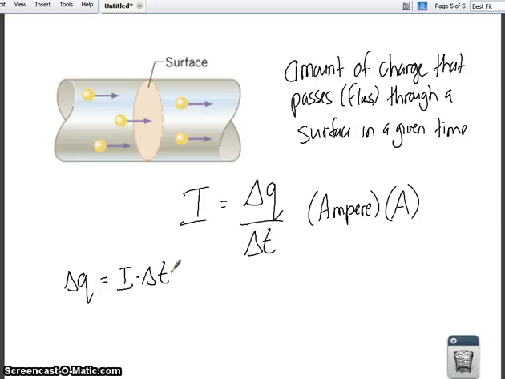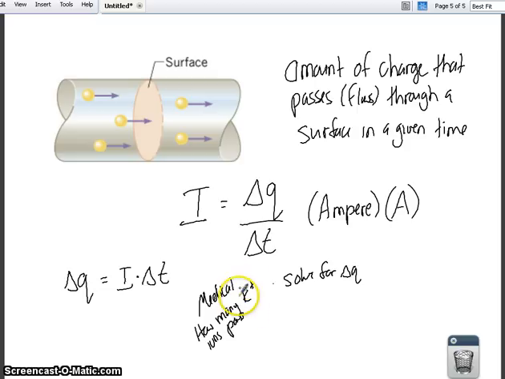And one thing I want to point out, something I noticed: sometimes they do medical problems, and it'll ask how many potassium ions pass a certain point in a given time at this current. Basically you have to solve for delta Q first.